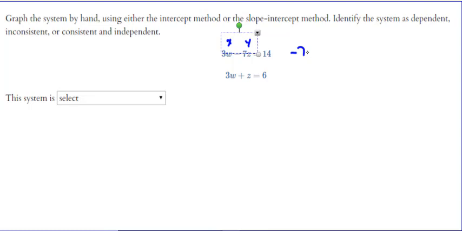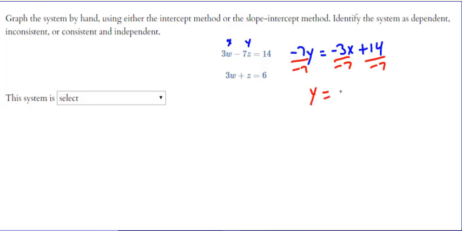I'm going to go ahead and change them to y equals -3x plus 14. And then we'll divide both sides by -7. So we have y equals 3/7 x minus 2. So that's the top one.